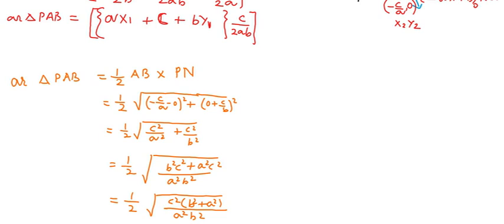The square root of C square is C, so you may write down here C. Here you will have under root A square plus B square, and the square root of A square B square is only AB. Right? This is the distance of AB.